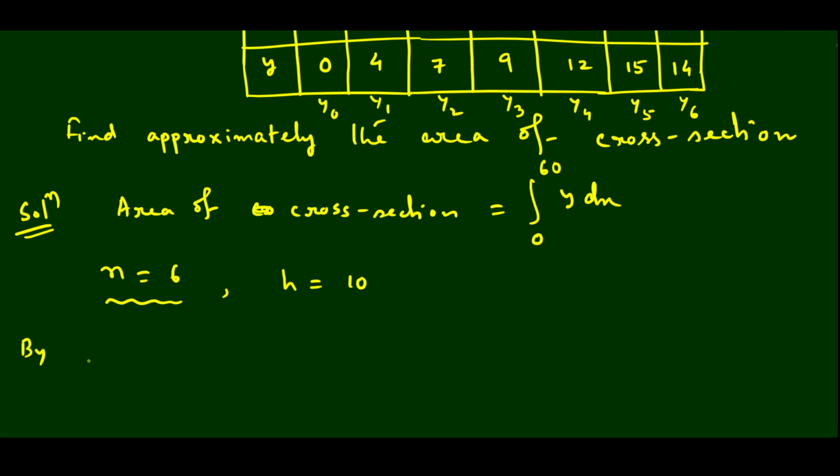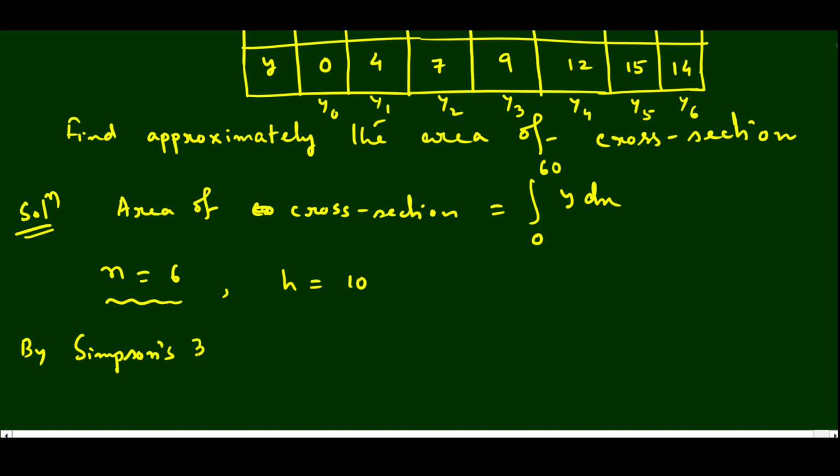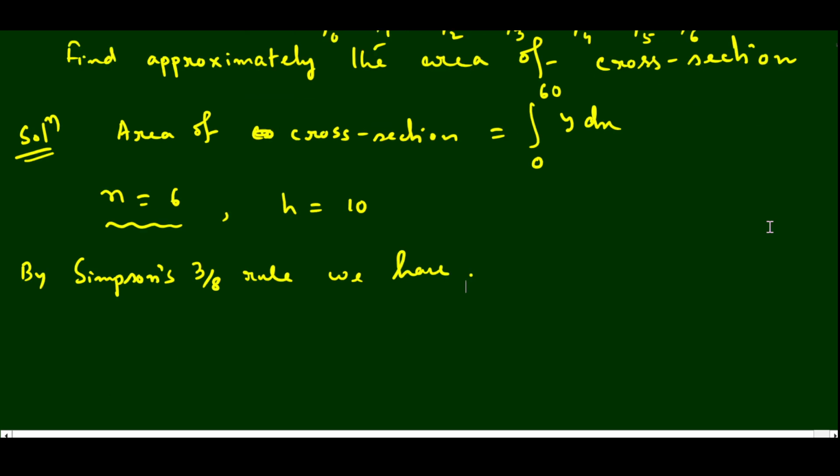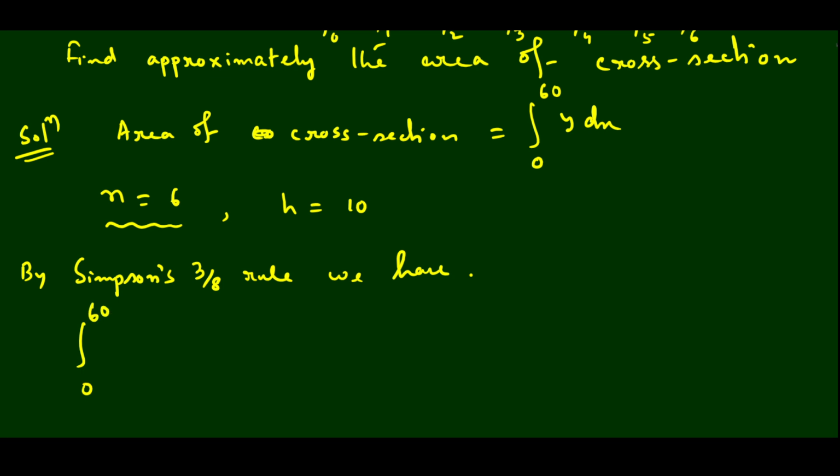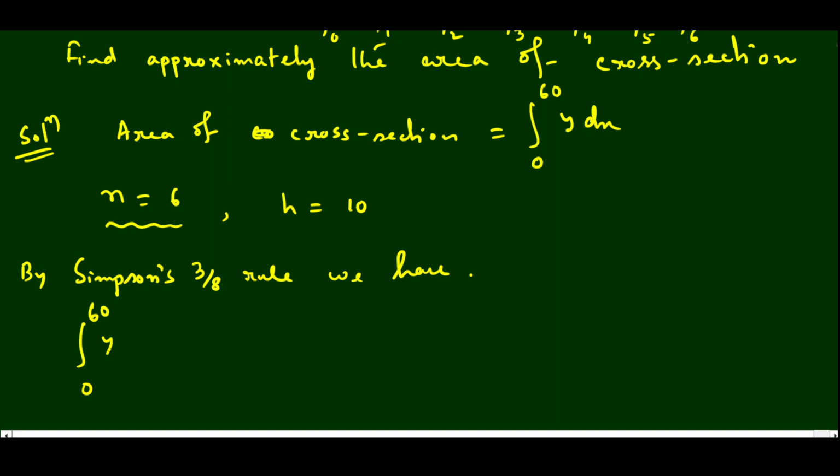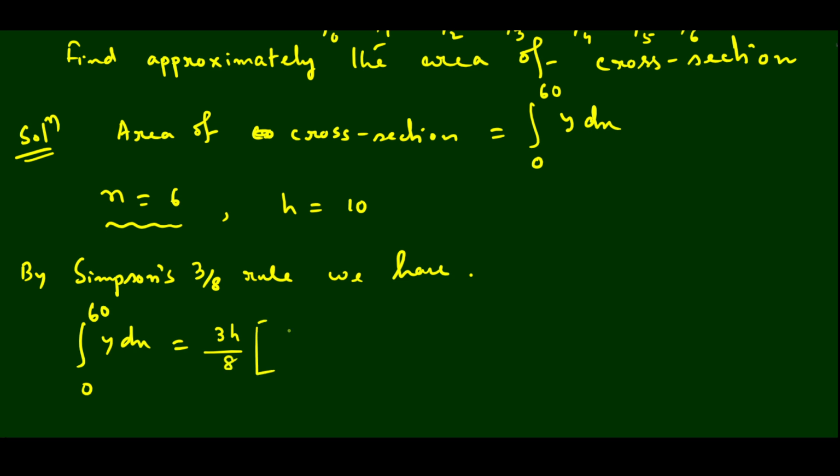So by Simpson's 3 by 8 rule, we have, so what is the formula? Our formula will be integration 0 to 60 y dx equals 3h by 8 times first term plus last term.